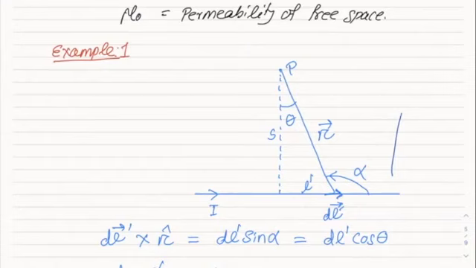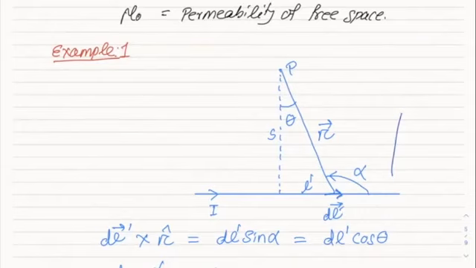Now this is alpha, that is theta. This should be your 90 minus theta. So if you plug in here, that should give you dl prime cos theta. This is a simple geometrical simplification. So your dl prime cross r cap is nothing but your dl prime cos theta.